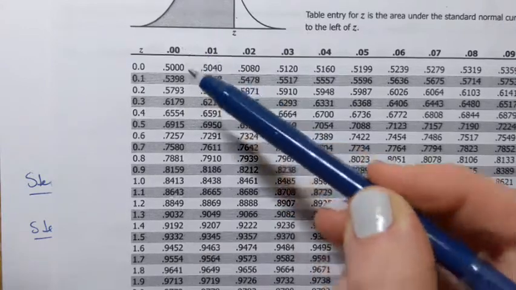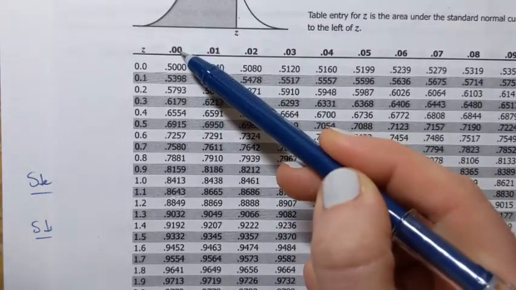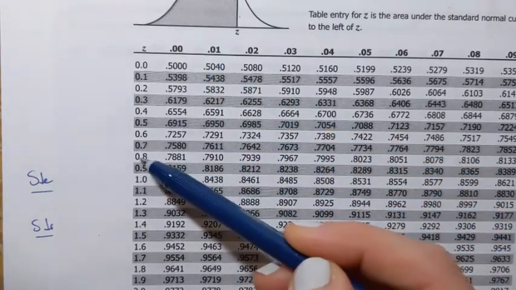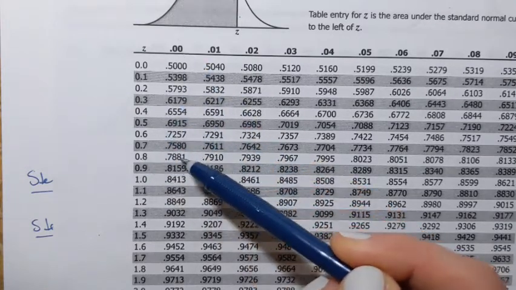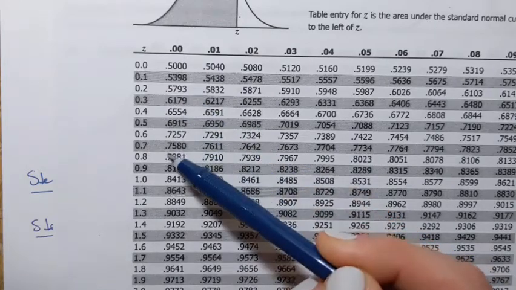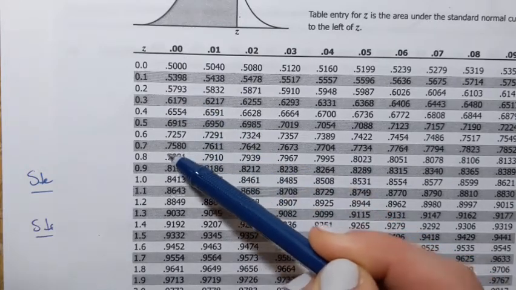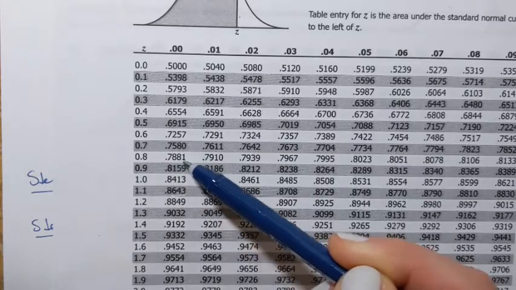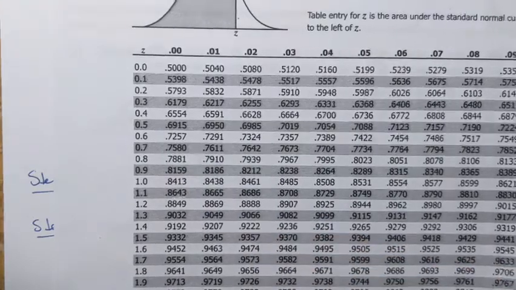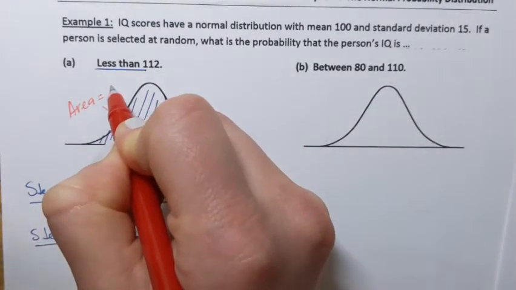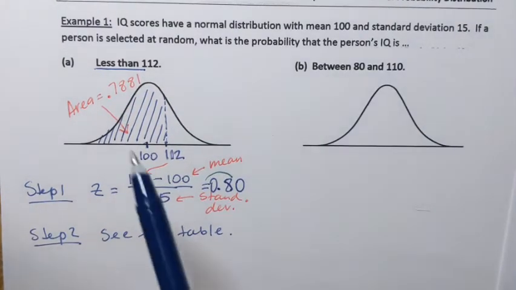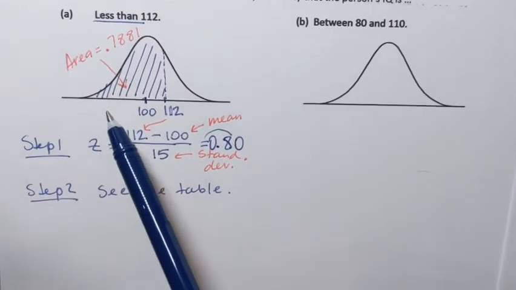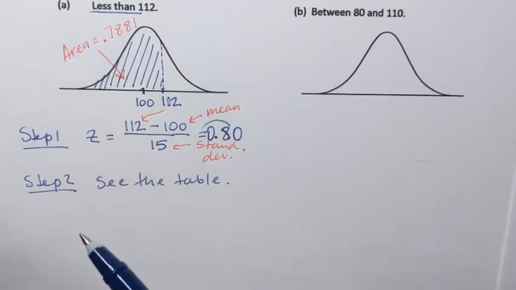So that's 0.80. And where this row and the column intersect, which is over here, that's going to be the area, 0.7881. Area is 0.7881.